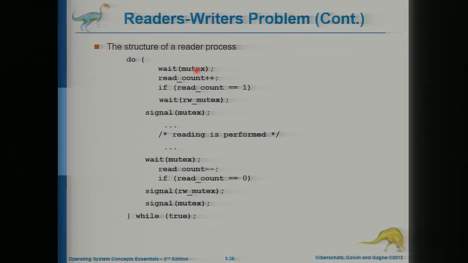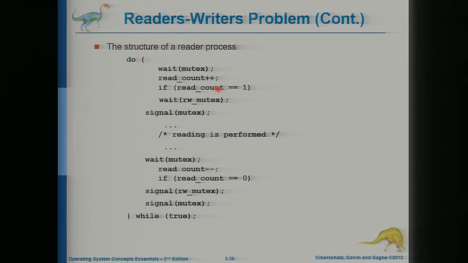So if two processes say that I have to read the data set, then one of them should go first. So that is what is happening here. So wait on mutex. After wait on mutex, read count is incremented by 1. So here we are incrementing the read count by 1.